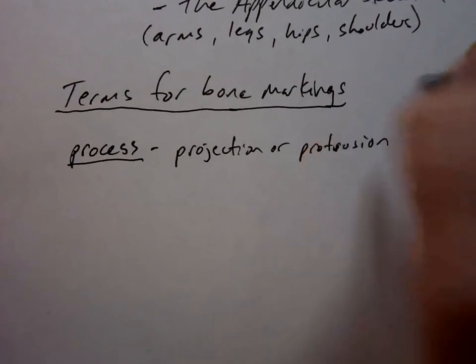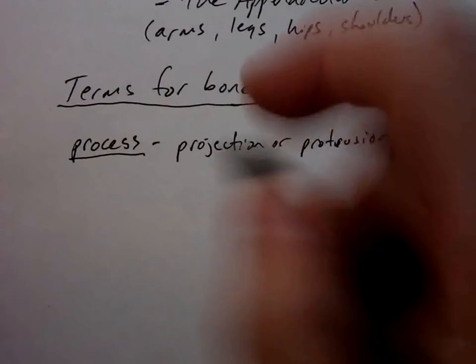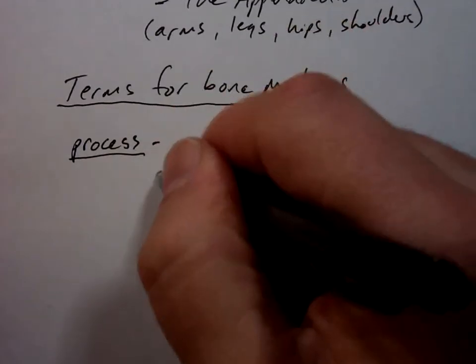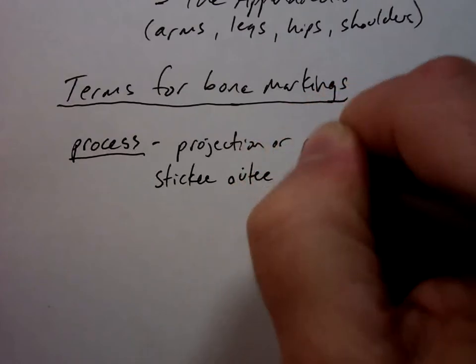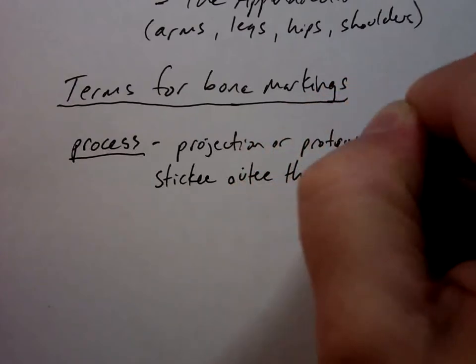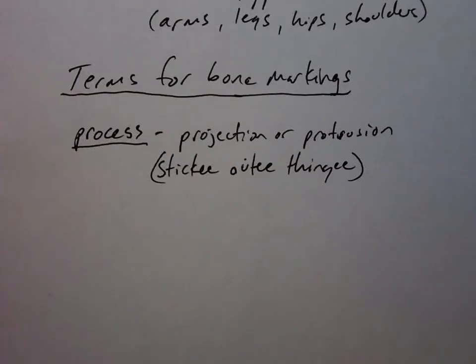You're like, okay, word that I don't know with two other words I don't know. So projection or protrusion. I'm going to give you my terminology. A sticky, outy thingy. If it juts out of bone in some way, it's a process. And bones have lots of those.